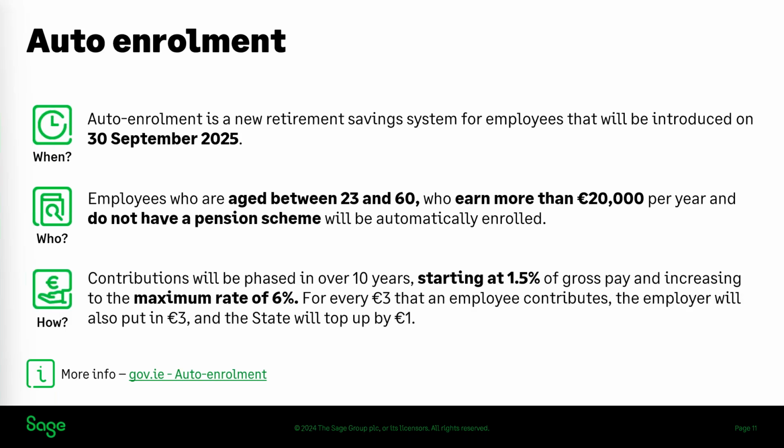Contributions will be phased in over 10 years, starting at 1.5% of gross pay and increasing to the maximum rate of 6%. For every €3 that an employee contributes, the employer will also put in €3 and the state will top it up by a further €1.